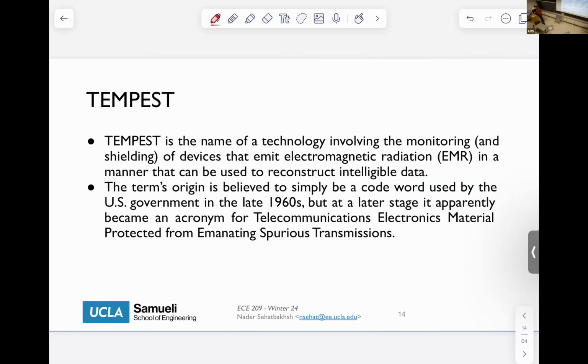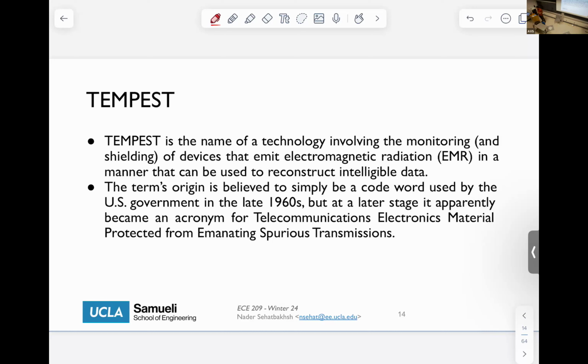But at that time, it was a secret program within the US intelligence in order to make sure that all the devices used for sensitive approaches and sensitive functionalities, including communication between different branches of military and so on, are not vulnerable to these attacks, specifically electromagnetic radiations, EMRs, that were created because of this artifact of the way that the devices were working.